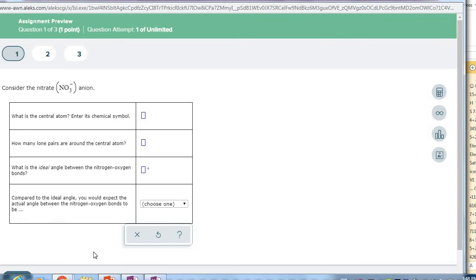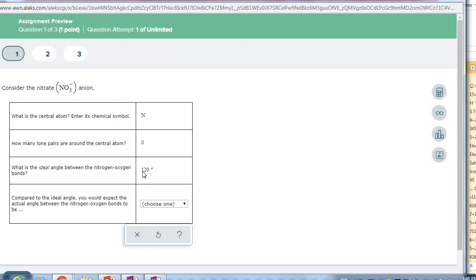Let's go back and answer our Alex question. What is the central atom? Well, we've just been drawing that. We know that it's nitrogen. How many lone pairs? There were no lone pairs around our central atom. What's the ideal bond angle? It is 120 degrees.